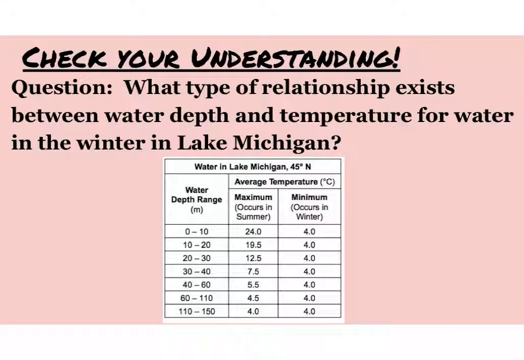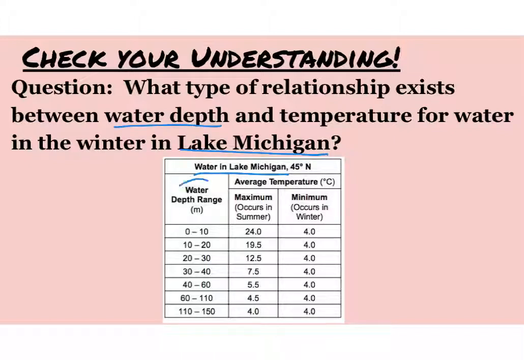Here's another example, another check for understanding. This time we're talking about a table. You've seen this table before, but the question is slightly different. What type of relationship exists between water depth and temperature for water in the winter in Lake Michigan? So again, we're looking at the water in Lake Michigan.